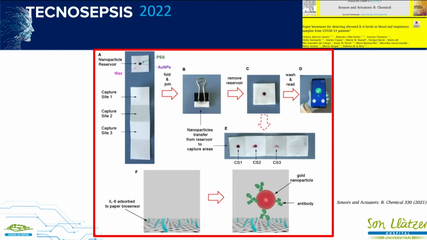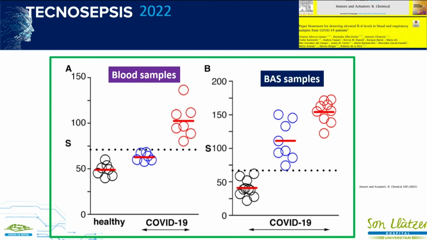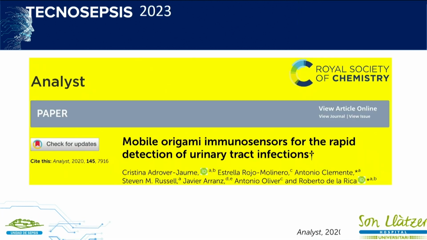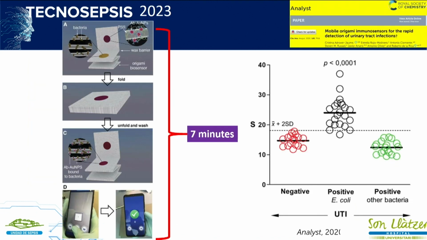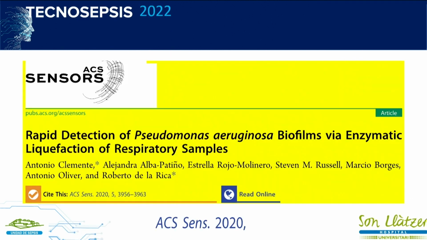And as you can see, in both blood samples and respiratory aspirate samples, the level is higher in this group of COVID-19 patients. And there is rapid detection in urinary tract infections of E. coli in only 7 minutes. You can see in green another infection by another gram-negative bacillus, but it's very specific for E. coli in 7 minutes.